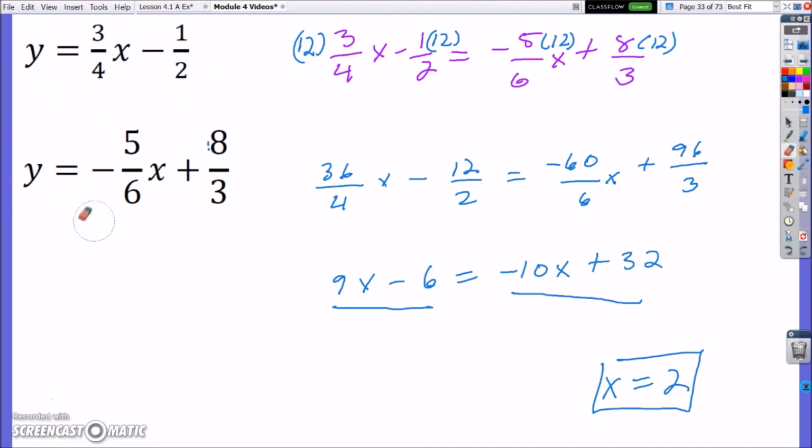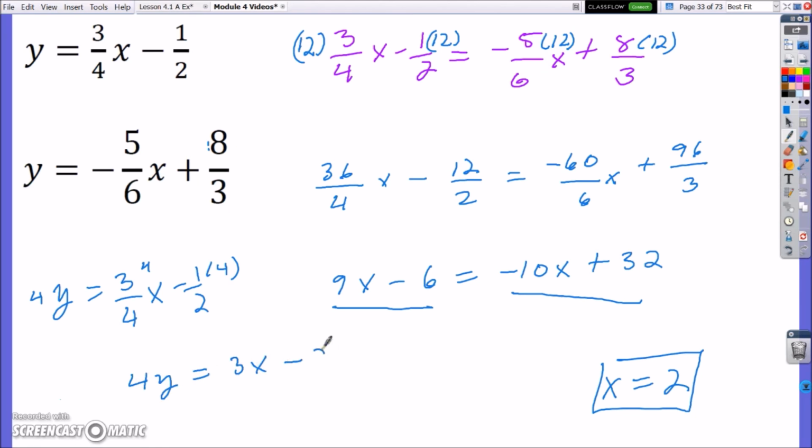Essentially what I would do is find one of these equations, and we can do y equals 3/4x minus 1/2, and I'm going to do a fraction buster to that. If I multiply each and every term by 4, this would give me 4y is equal to 3x minus 2.